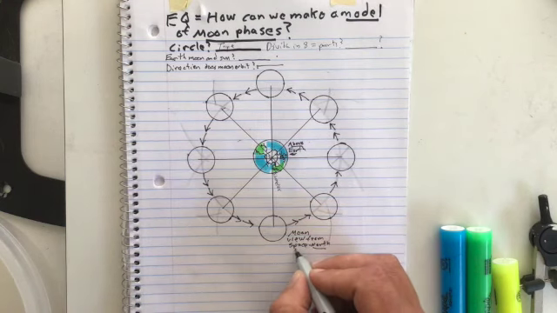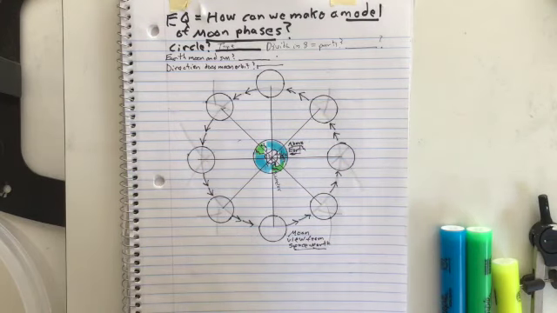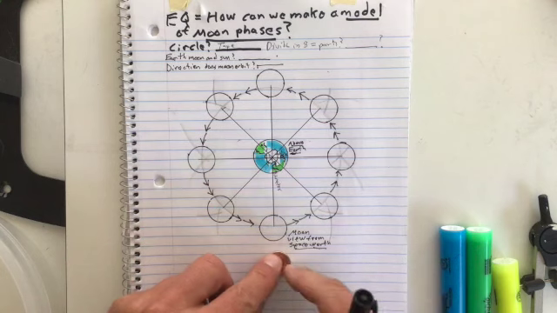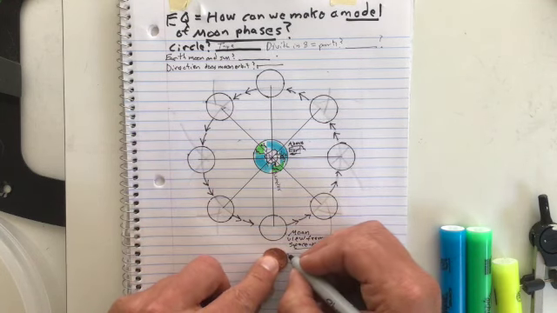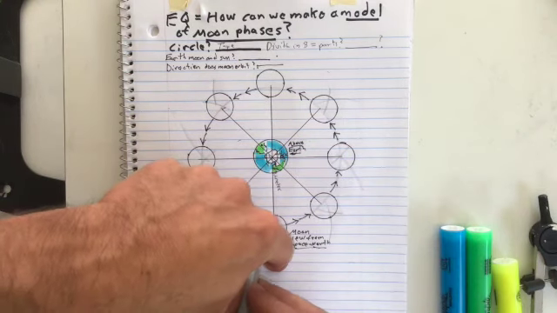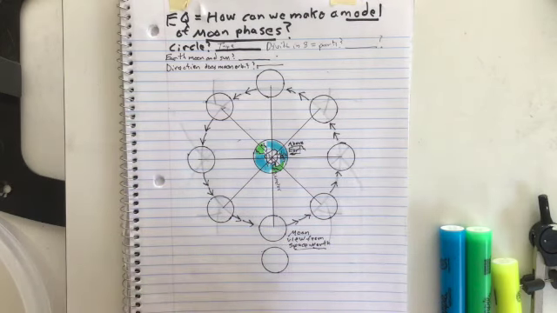Okay, so this is the moon viewed from space. This is the Earth as viewed from above. And now we're going to add the next part of our model. So we're going to have another moon right here. And we'll also put the sun down here like this.